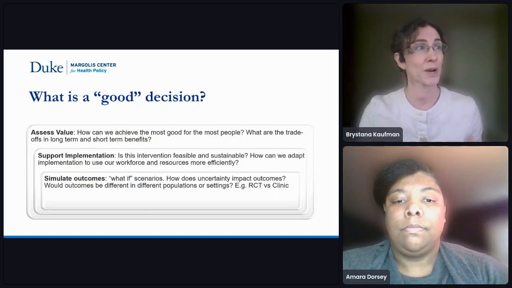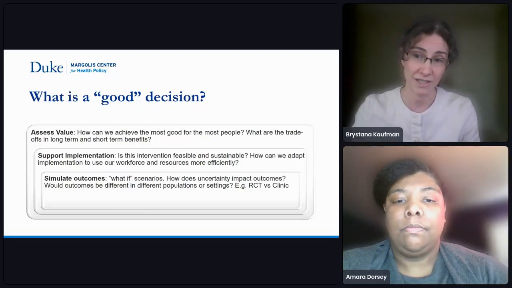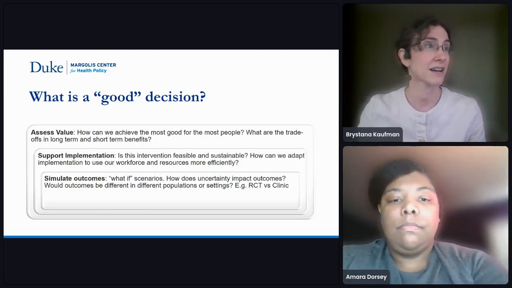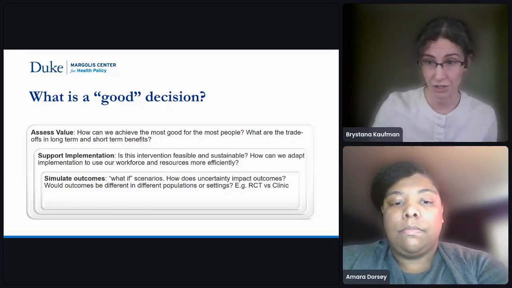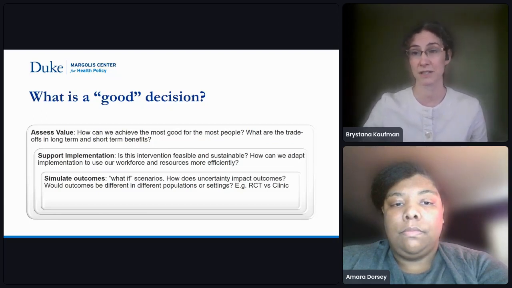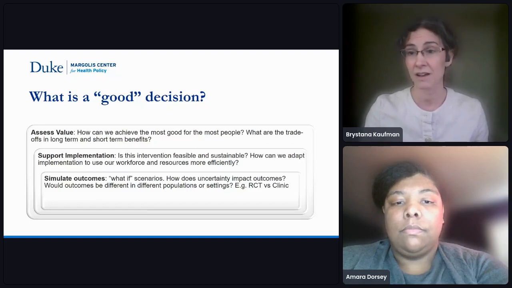And when I talk about value, we're thinking about what are the health benefits, but also what are the costs, and how can we use the resources we have to achieve the most good for the most people, not just in the short term, but also thinking about their lifetime costs and the long-term impacts on the healthcare system, because sometimes it can take a while to see the benefits of an investment in preventive care or in social risk factors.